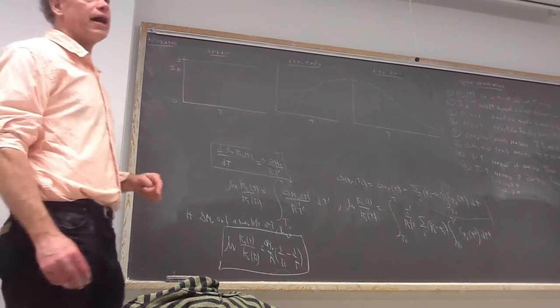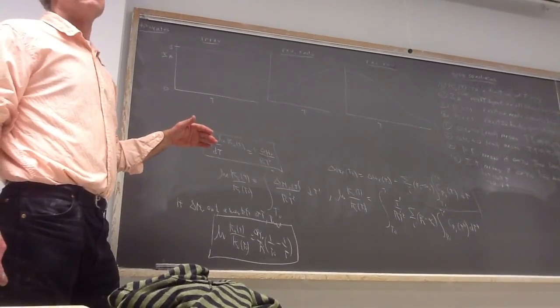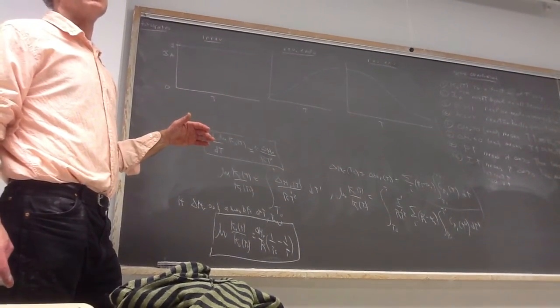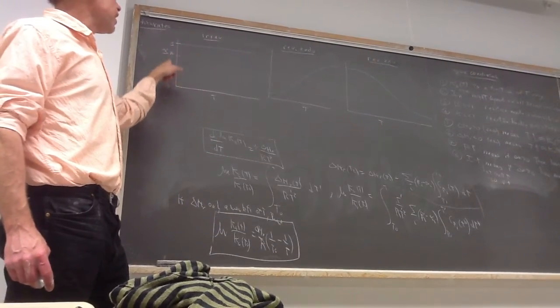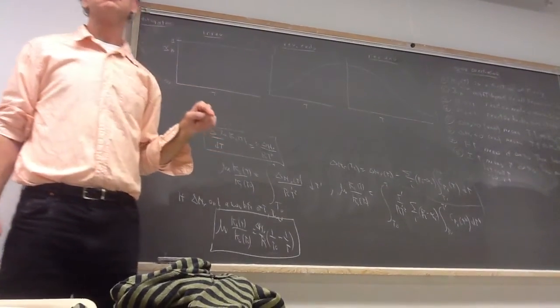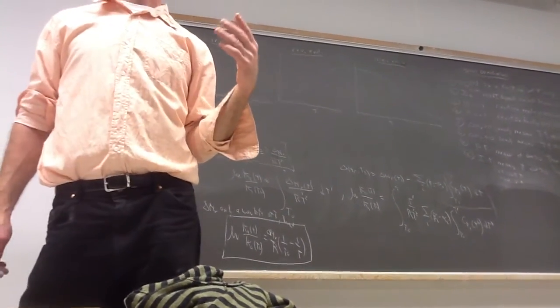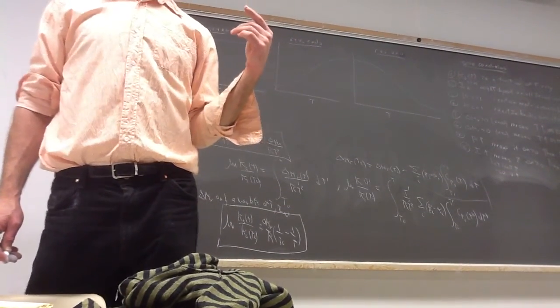Now I would like to plot lines of constant rate. Do I have a higher rate when I have a high XA or a low XA? When I have a high XA, I have much less reactant. So is the rate going to be higher or lower? Lower.